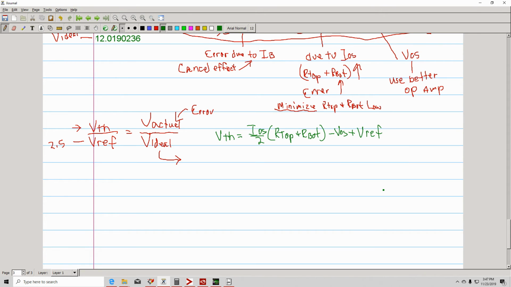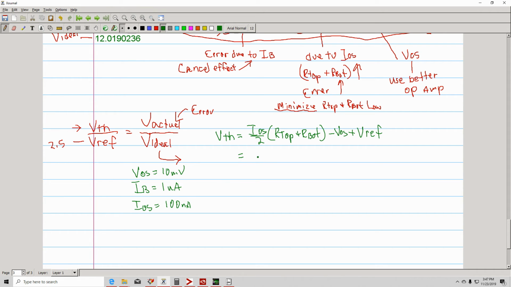So we're going to use that equation, and I'm going to use VOS in our example, and then I'm going to use IB of 1 micro amp, and then IOS 100 nano.